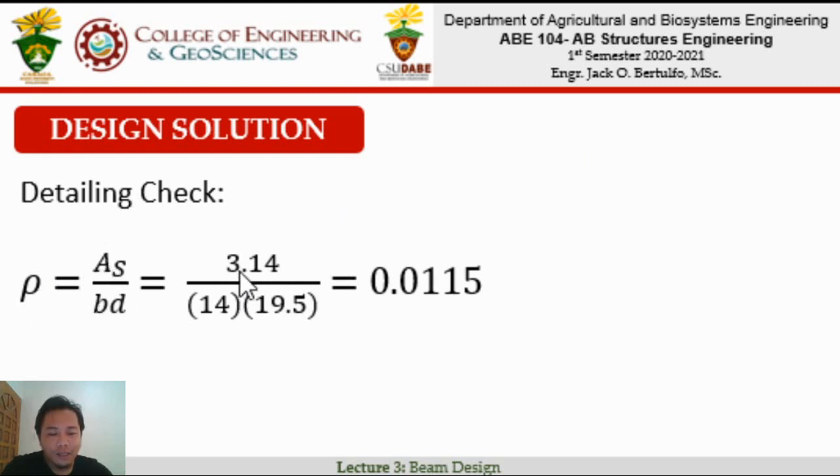Then we can calculate the reinforcement ratio. We use 19.5 for d, not the 21.375. We get 0.0115. It is quite close to the required reinforcement ratio of 0.012, while the other one is 0.015, which is quite different. So you can say that our beam is safe to use.